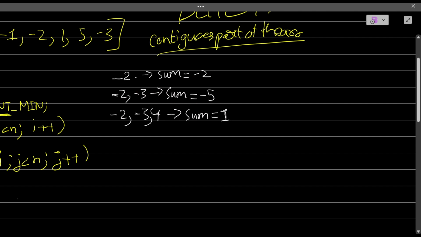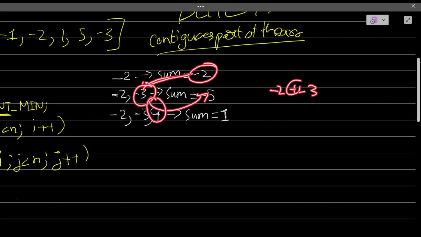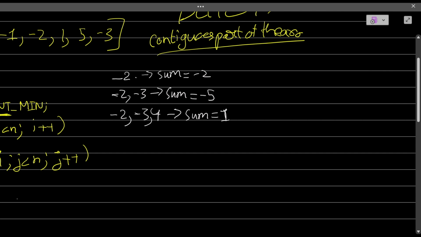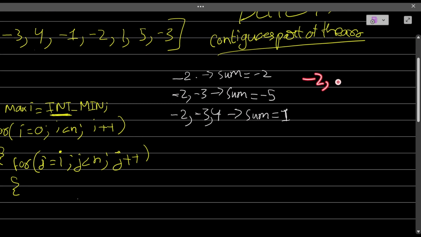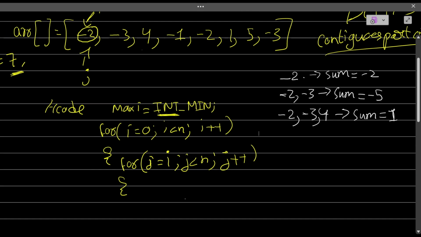Minus 2 plus minus 3 plus 4, that is going to be my 1, right? This is my previous subarray, and I add the new element to it. I no longer need to add minus 2, minus 3, 4 again and again, right?